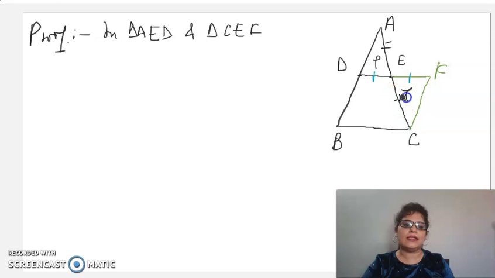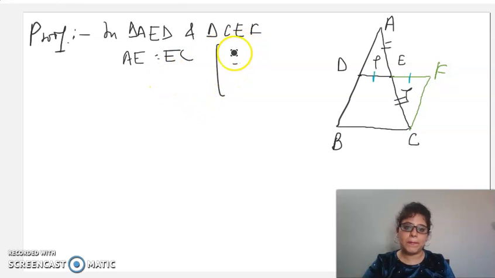This line segment and this line segment both are equal. So AE is equal to EC, that is given to us because E is the midpoint. So this is given.